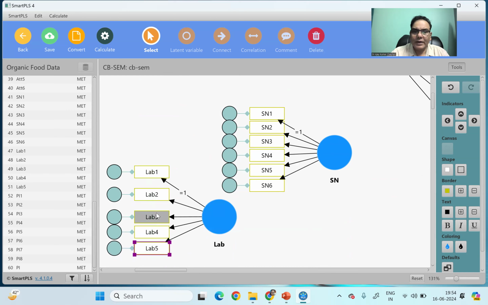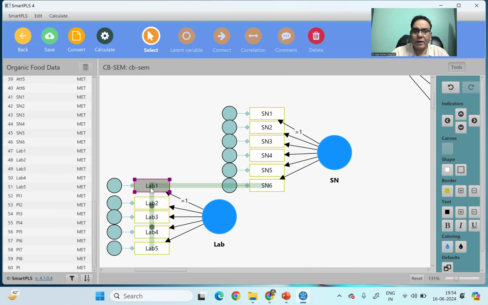So we have to make a line left side or right side. Don't make up and down. Otherwise, the concept loading will not be visible.